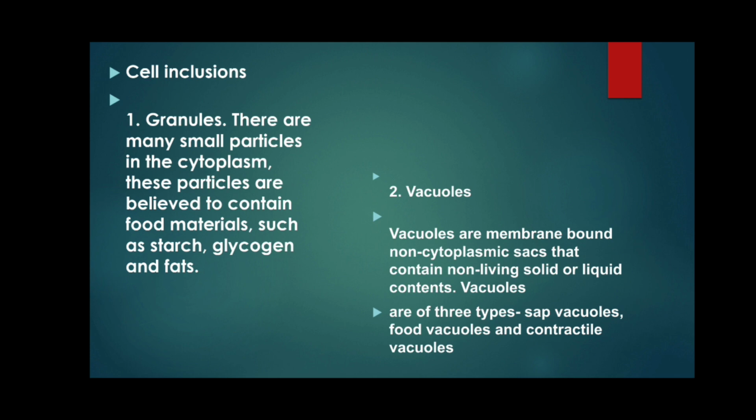Granules are small particle-like structures that are embedded in the cytoplasm. These are starch, glycogen, fats, amino acids, etc. And vacuoles are membrane-bound, sac-like structures, which contain solid as well as liquid materials.